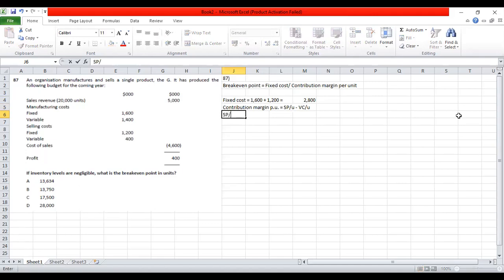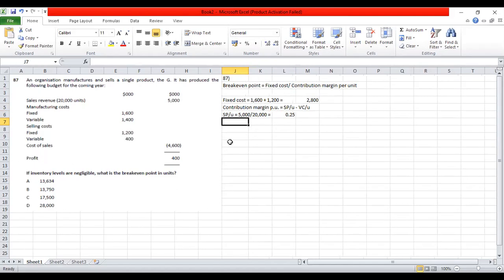Selling price per unit can be recorded as the sales value is 5,000, but the total number of units is 20,000. So what is the selling price per unit? So when we look into that, 0.25.